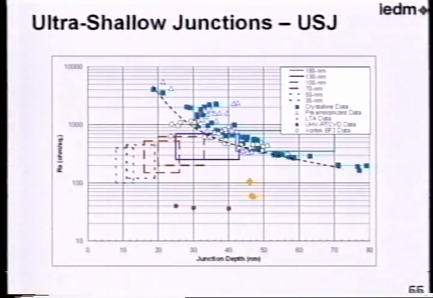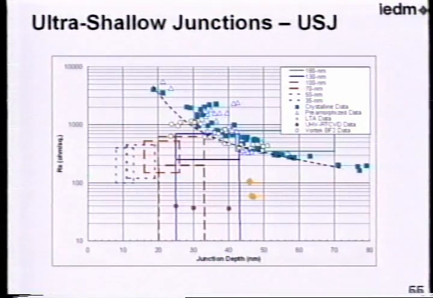In terms of junctions, all I really want to say here is that if you look at the roadmap junctions down here, you can see there's sort of a barrier that's been out there with any kind of anneal technology and implant technology, except for a couple where there's laser thermal annealing, but this has huge integration issues associated with it. And another one is really epitaxial growth in those cases.